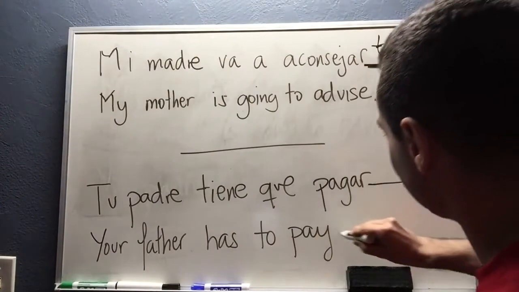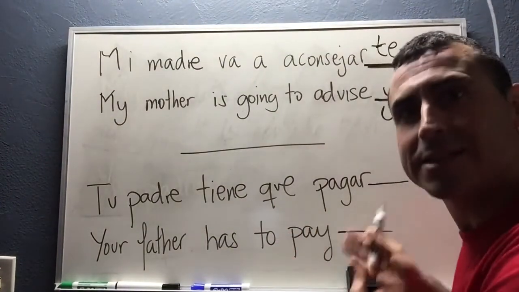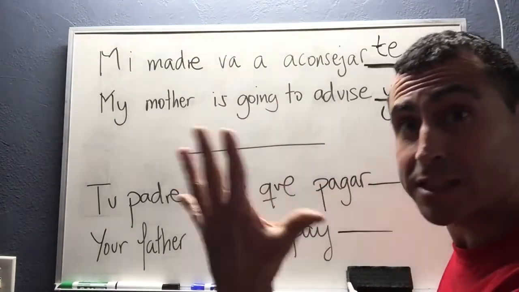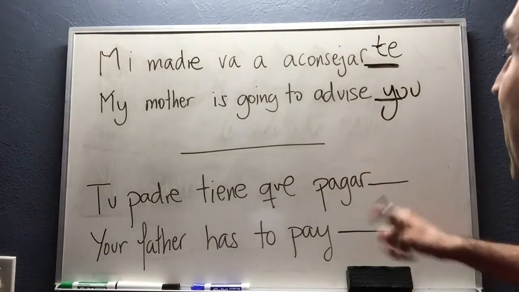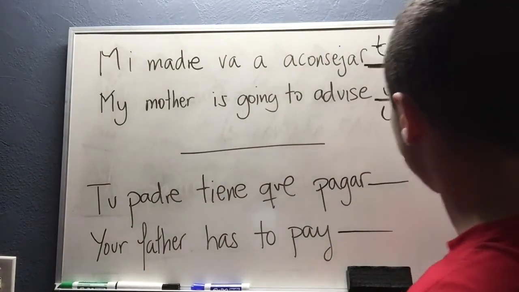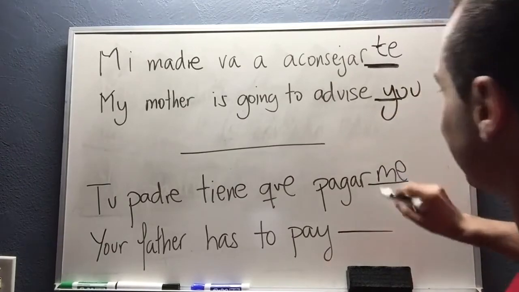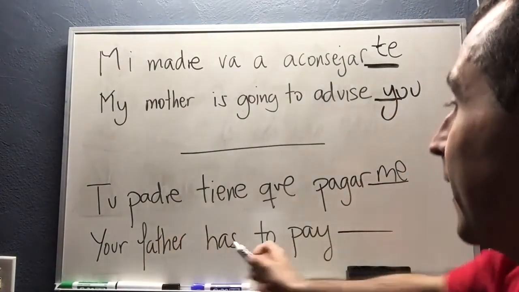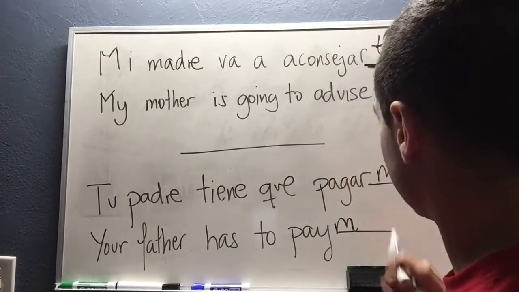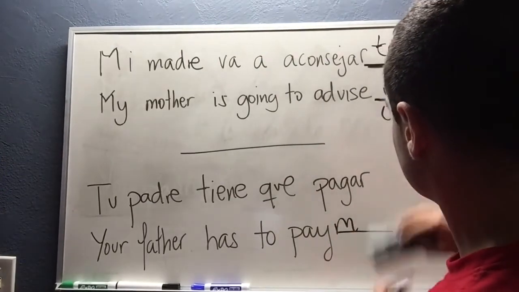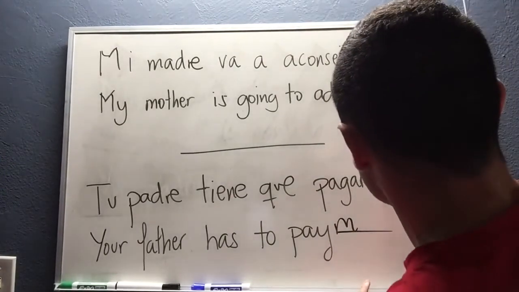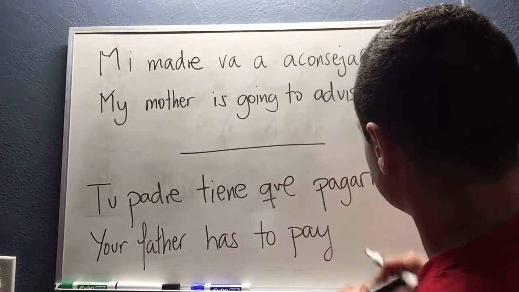It's so important. Like, for example, here, what's gonna be the next step? Probably on the step 5. Mi padre tiene que pagarte, o me, for example. Mi padre tiene que pagarme. Your father has to pay me. Okay, this is gonna be together. This is gonna be together, and this is going to be separated.